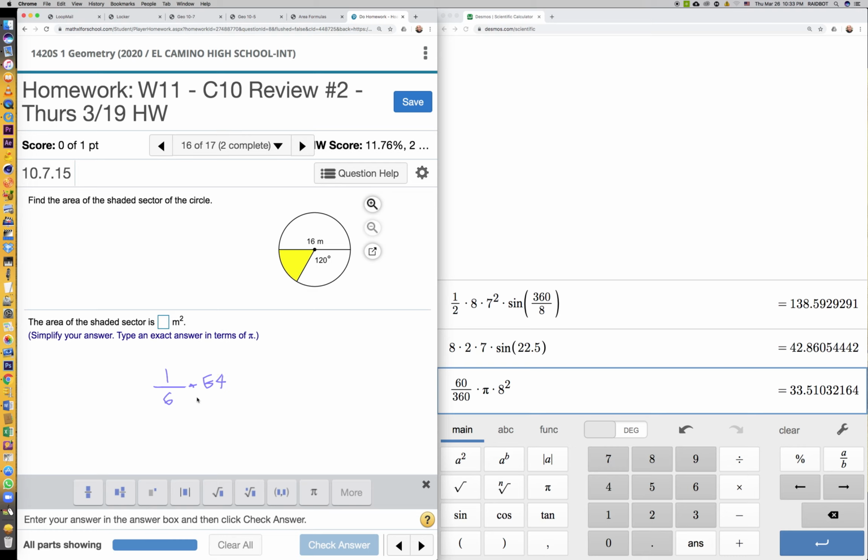So I simplify 64 by 2, that becomes 32, and then 6 simplified by 3. So my answer is 32 over 3, and of course it comes with pi.